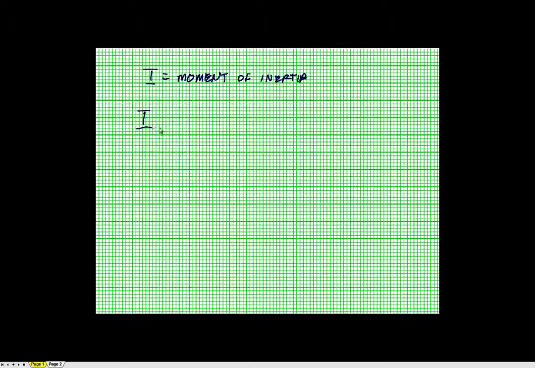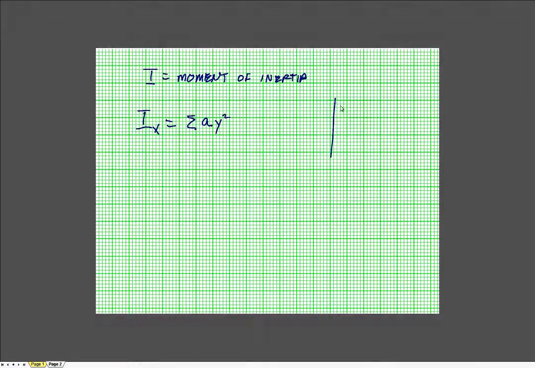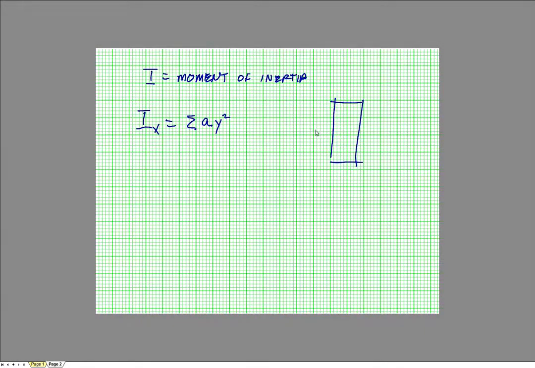So a moment of inertia about an axis, we'll call it x, equals the summation of individual areas times y distances squared. And if I were looking at a shape like this, here's my x centroid. The centroid of the individual areas is here.